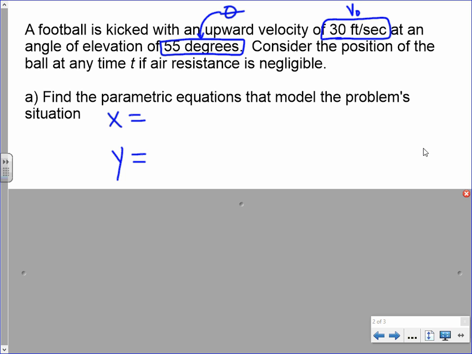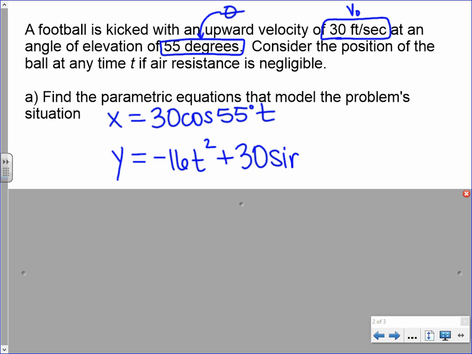Okay. So when we set up our parametric equations, we have V naught cosine of theta t, and then we have negative 16t squared plus 30 sine of 55 degrees t. You're not going to write plus 0.